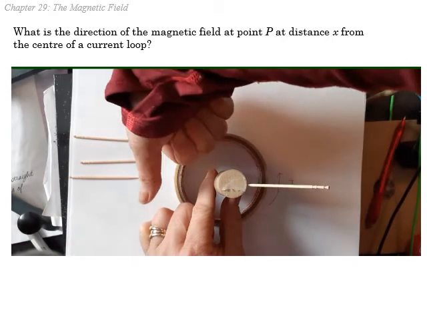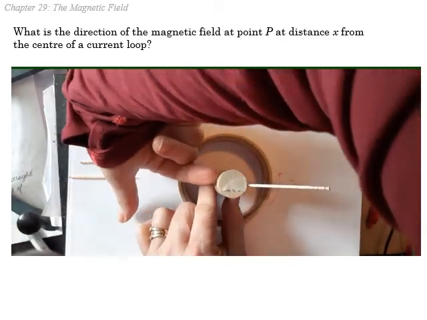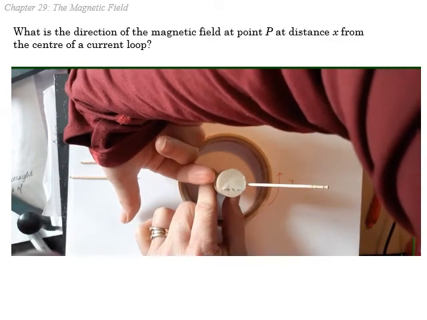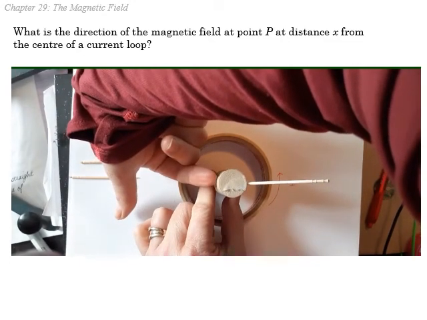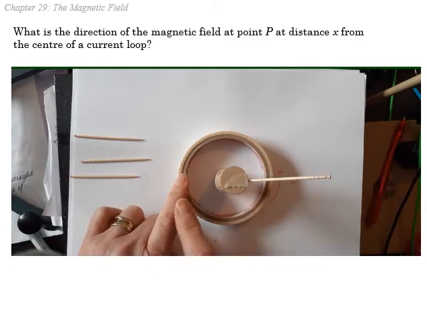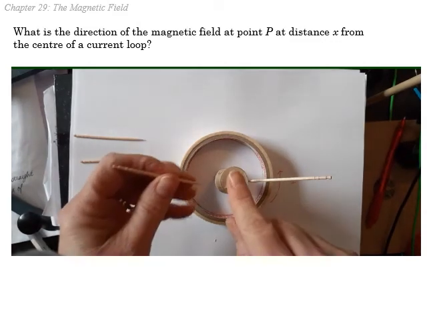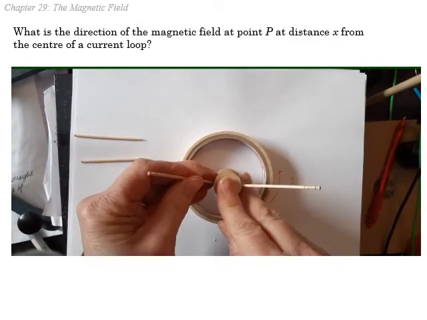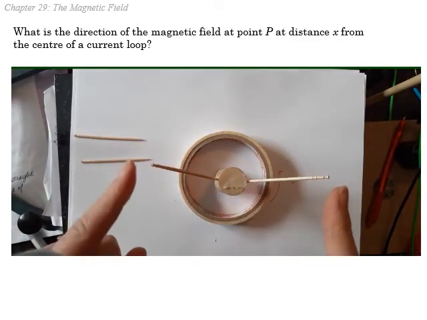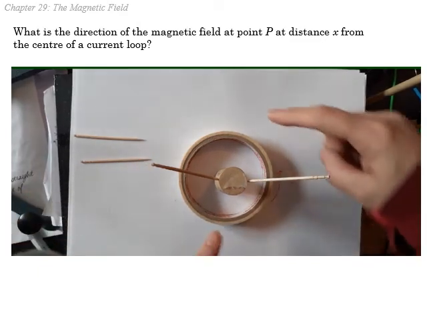My ds goes down, that's my thumb. My r goes up this way, and my magnetic field is perpendicular to both. That magnetic field goes up and left. So, due to the little bit of wire over here, the magnetic field it makes is up and to the left. So I hope you can see that the left and right parts cancel and the up parts don't cancel.